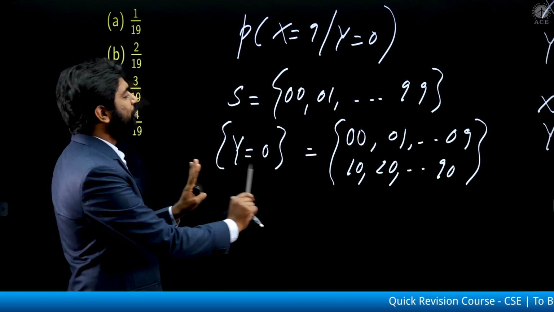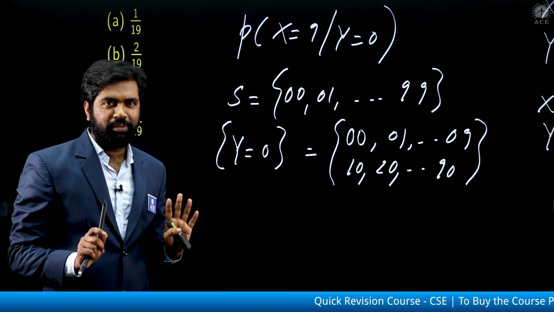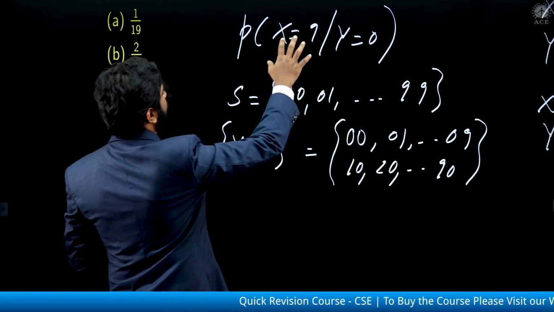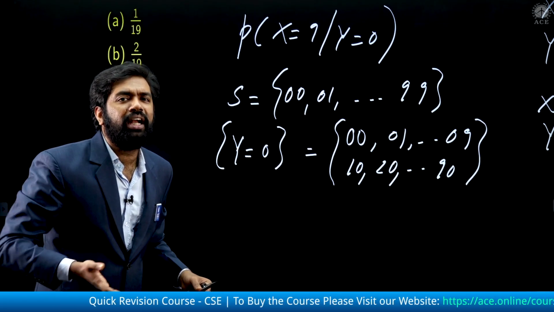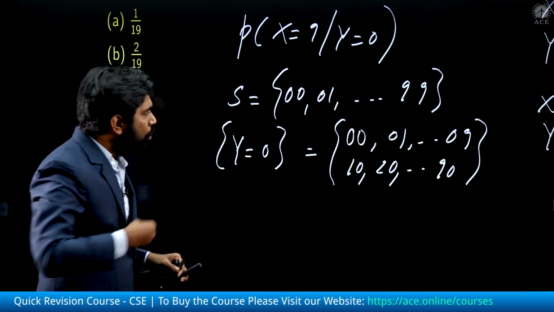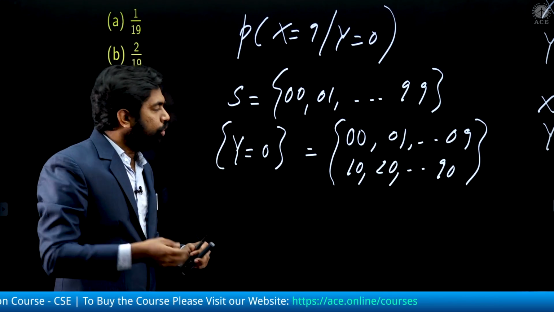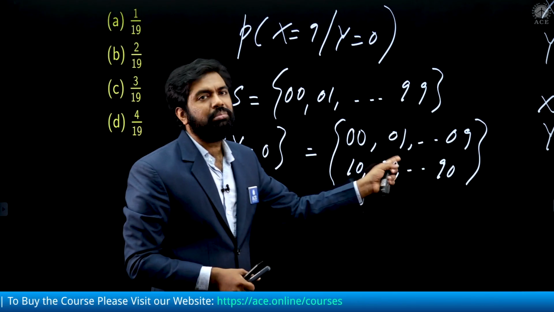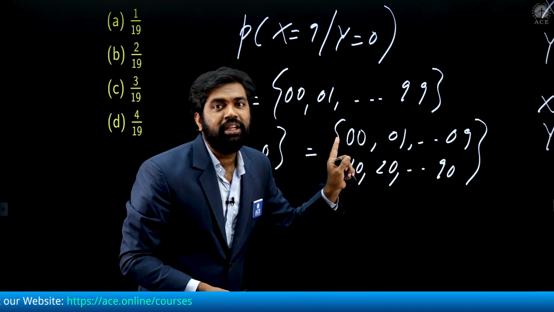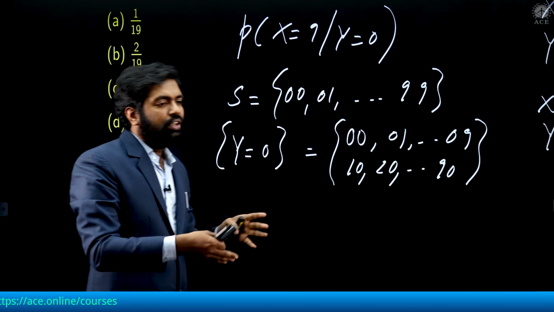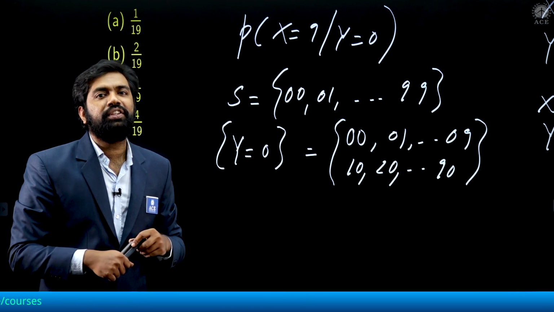So this is going to be our reduced sample space. Now let me read the question again. Given that Y is 0, what's the probability that X is 9? That means whatever ticket you choose, you are going to get a ticket only from this set, not from our original sample space. With this, they're asking what's the probability that X is 9.